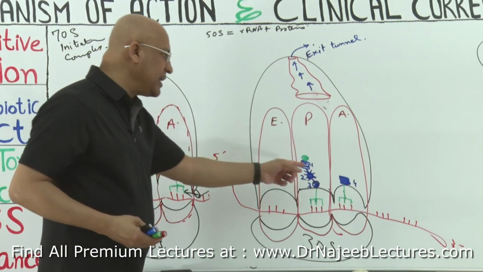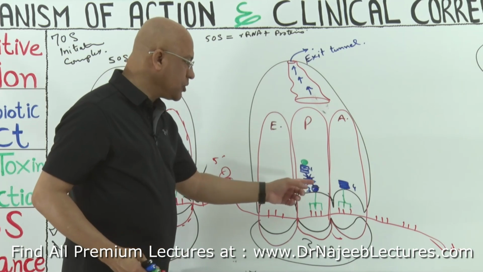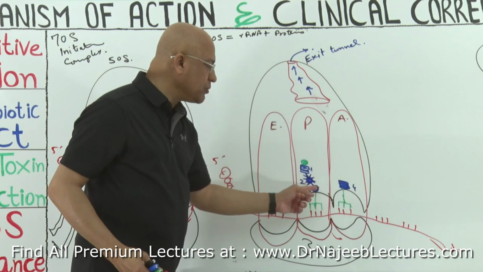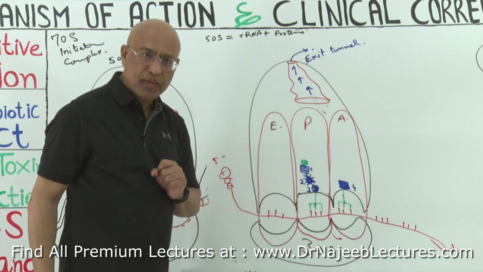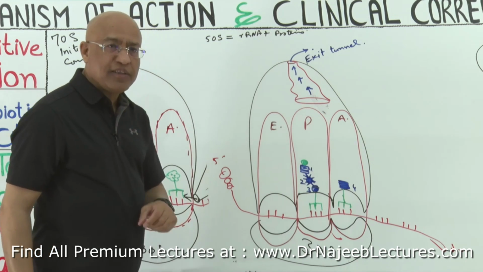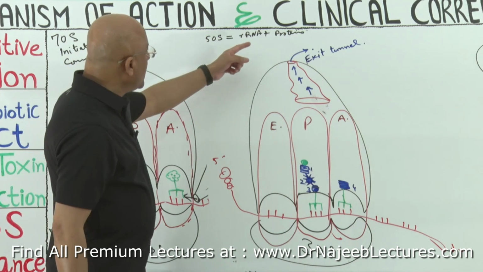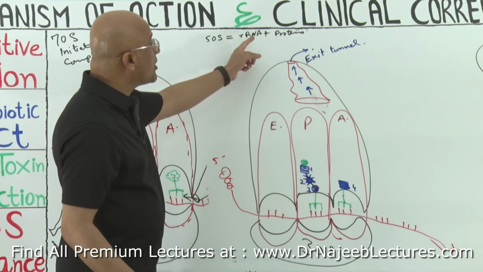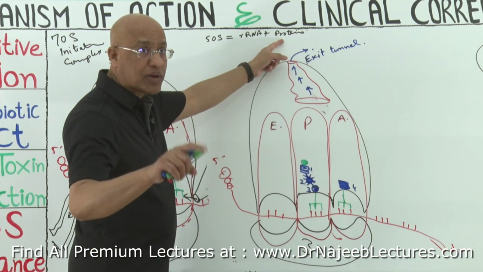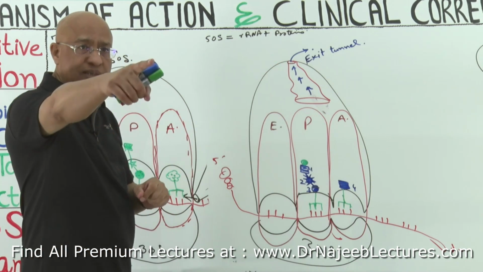Now, some enzymatic activity is going on which will produce a bond between these two. What do you think? Will this enzymatic work be done by ribosomal RNA, or by proteins?